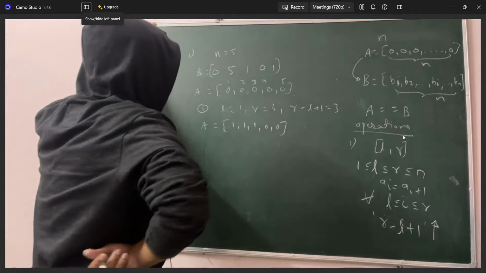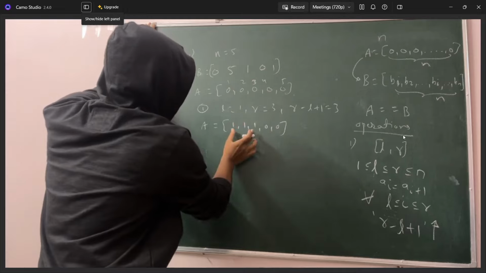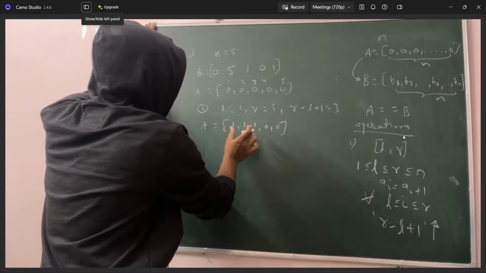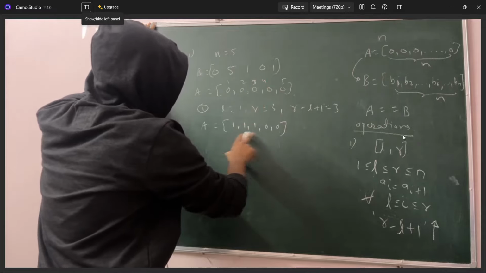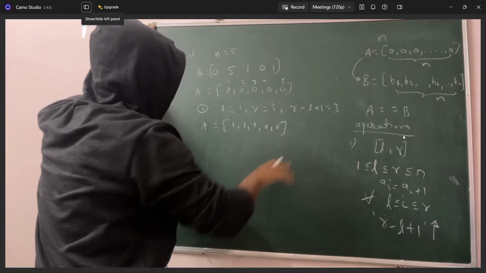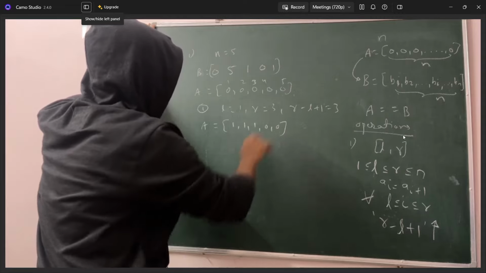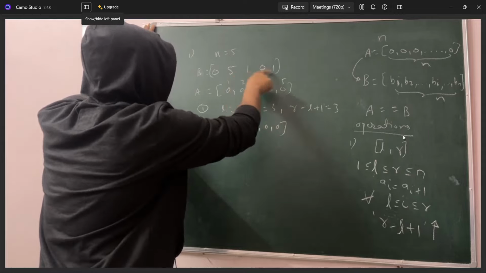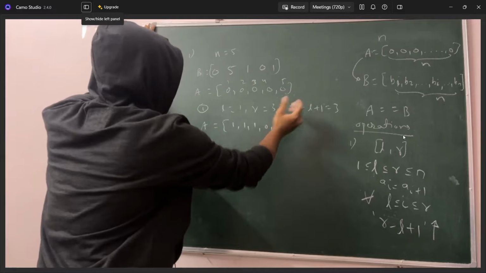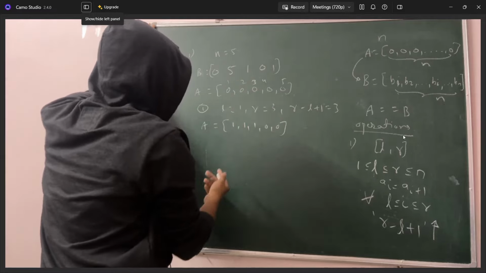So why did I take them combined? The reason is that I want to maximize this R minus L, and in the last we can make certain arrangements. It is possible. So that's why I took all of this combined in order to maximize this. You have understood this concept, I guess.